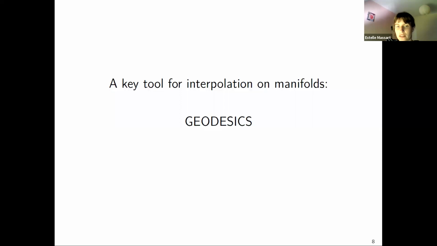And then using the fact that the quotient map is a Riemannian submersion, but that's not important here, we got an expression for geodesics between two points, so essentially just the shortest path between two points on the manifold. And this is the key tool required by the interpolation algorithm that we wanted to use.